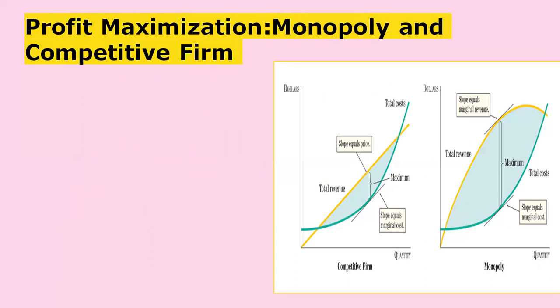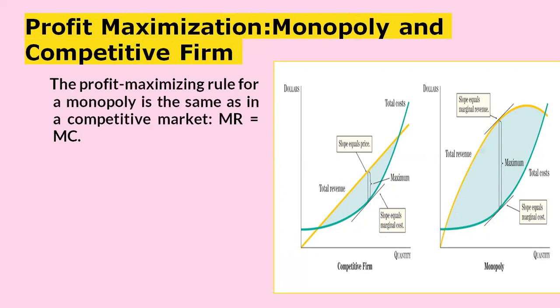Profit maximization, monopoly and competitive firm. The profit maximizing rule for a monopoly is the same as in a competitive market: marginal revenue equal to marginal cost.